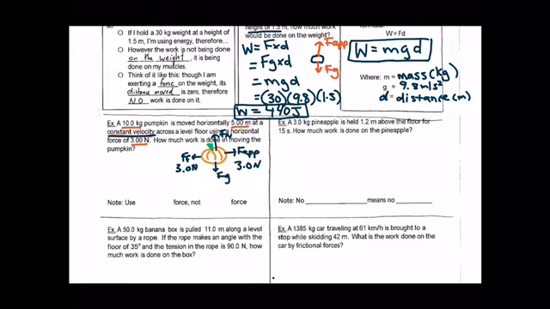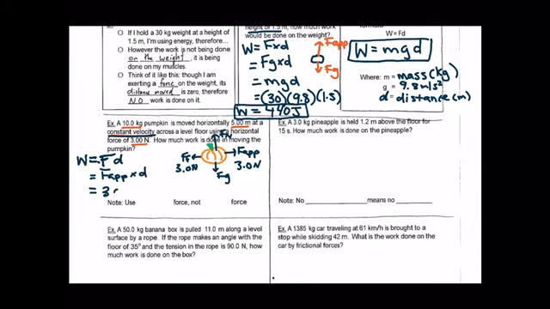Now when we're going to do work on this pumpkin, it's going to be force times distance, because it's moving horizontally. The last example was vertical, it was being lifted up. This one is being pushed horizontally, then we use our applied force. So we'll do applied force times our distance.